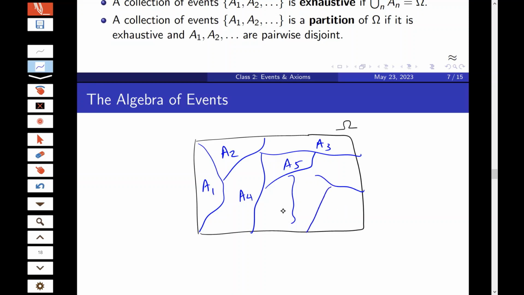So we can have different partitions, different events without common area. That means those are disjoint. And if you take the union of these events, A1 union A2, all the way, you will get omega.